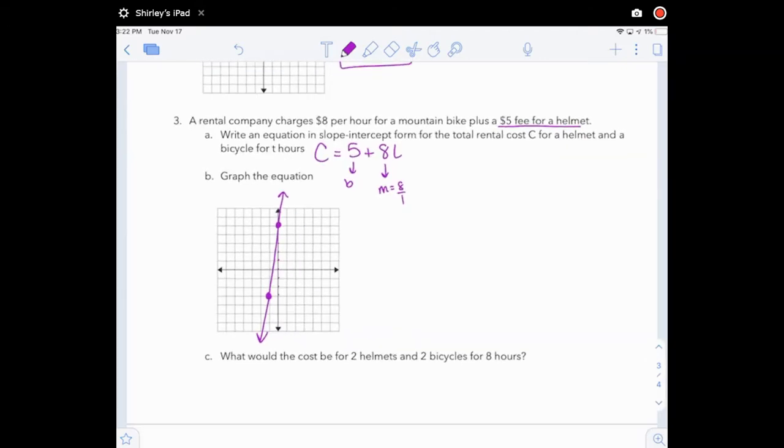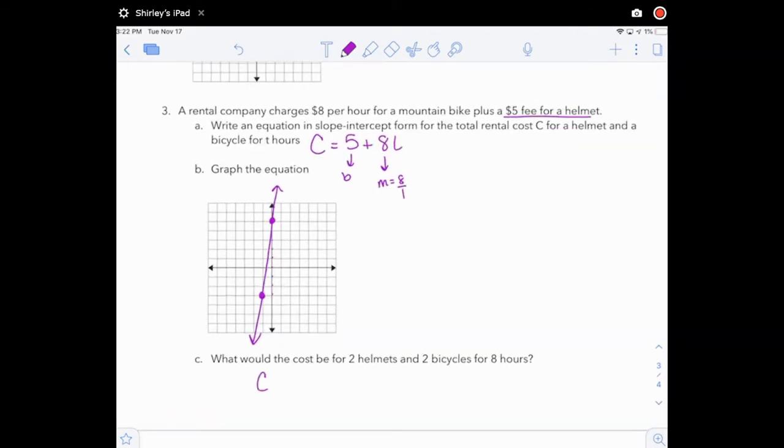So I have to kind of think about what's going on here. I have that the cost is equal to a $5 fee for 1 helmet plus, I don't know why my key's not crossed here, $8 per hour for a mountain bike. So I'm doing 2 bikes. So I'm going to kind of have 2 scenarios. Cost for the first bike, cost for the second bike.